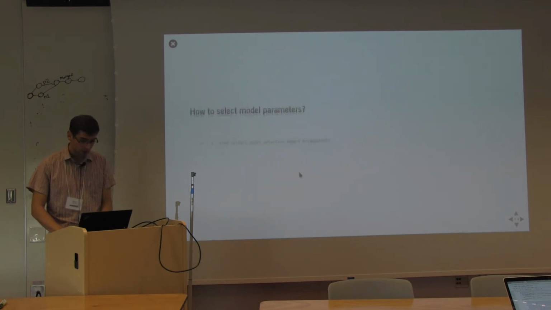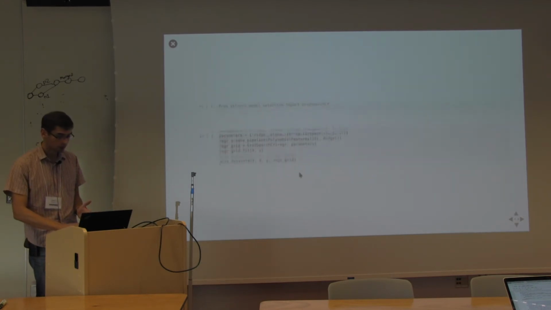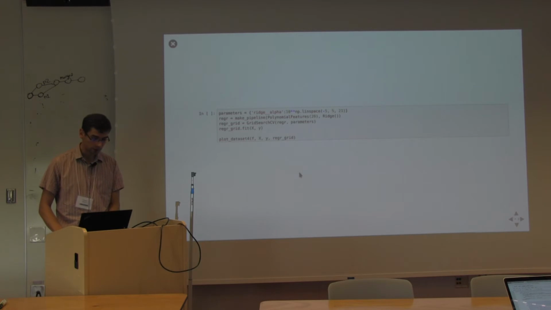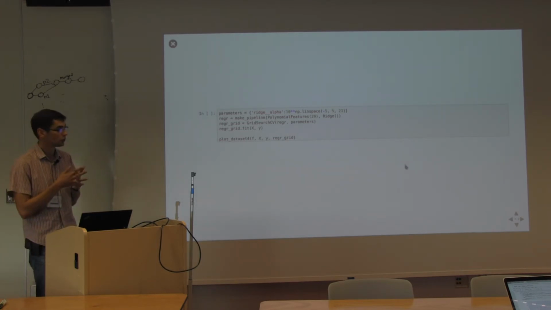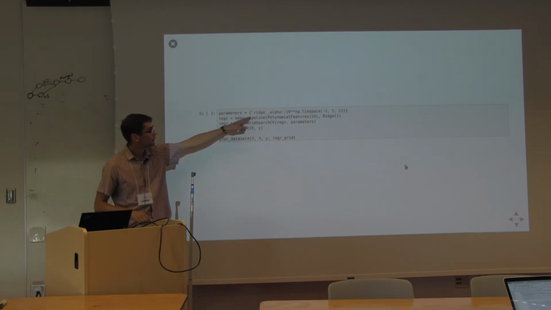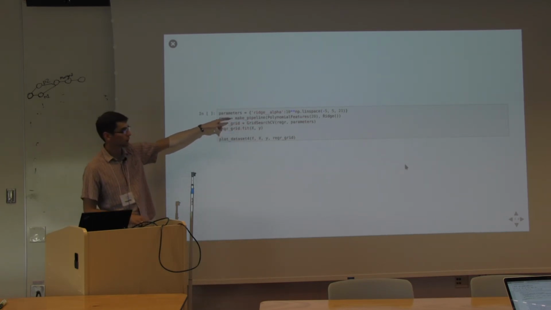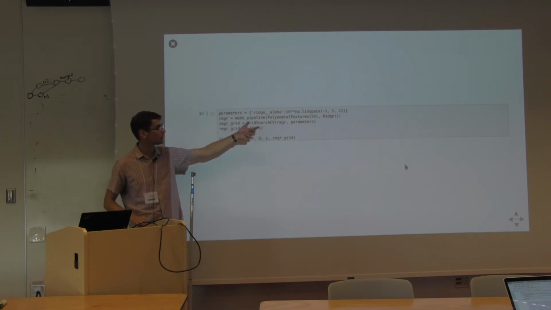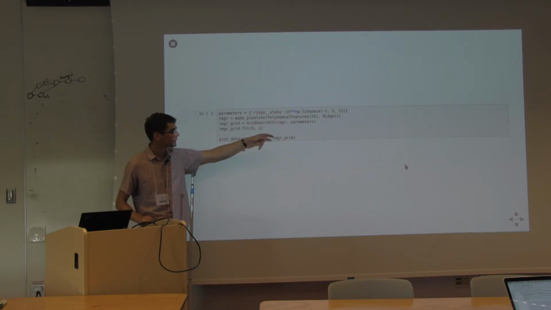So what's the case? How can we select these parameters? Actually, we can use so-called grid search. We can specify that we have some kind of parameters, and we would like to check different values of these parameters.